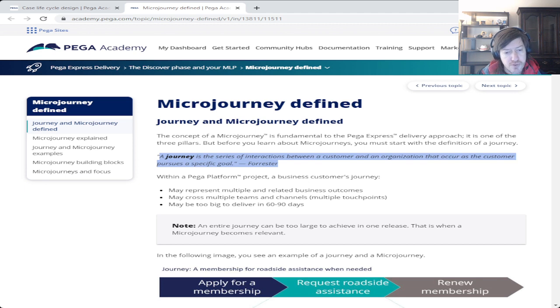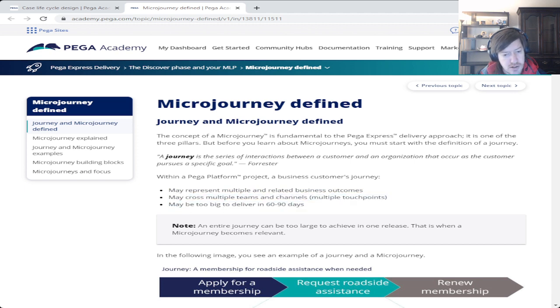Within a Pega platform project, a business customer's journey may represent multiple and related business outcomes, may cross multiple teams and channels, multiple touch points, and may be too big to deliver in 60 to 90 days. I don't know why this became very specific, but I can understand the first two.